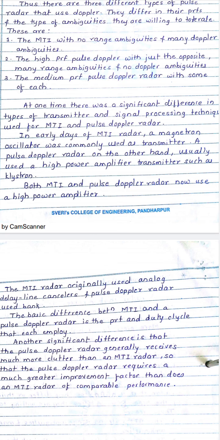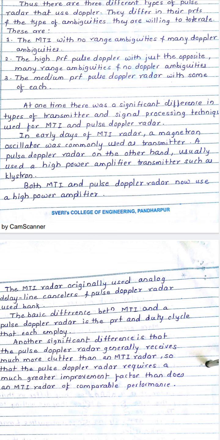At one time, there was a significant difference in the types of transmitter and signal processing techniques used for MTI and pulse Doppler radar. In the early days of MTI radar, a magnetron oscillator was commonly used as the transmitter.